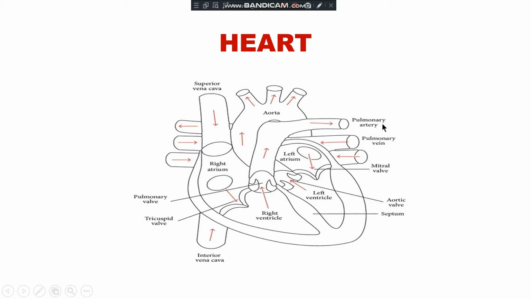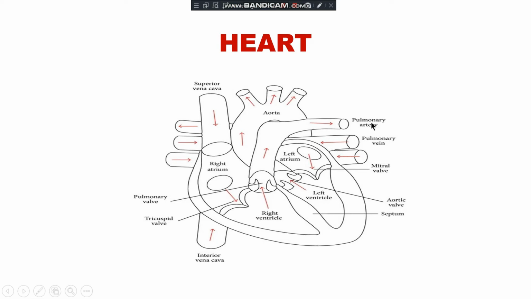From the right ventricle, it goes through the pulmonary artery. When the term pulmonary comes, it means it is related to the lungs. So from the right ventricle, through the pulmonary artery, it goes to the lungs. Clear? Means the deoxygenated blood is going to the lungs. Now, what happens in the lungs? The exchange of gases takes place.